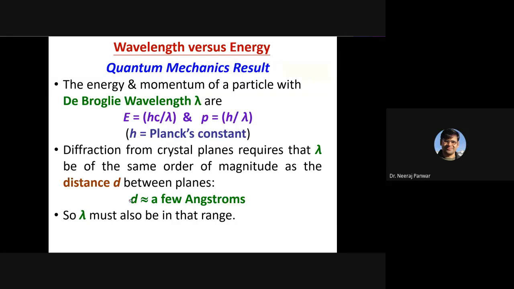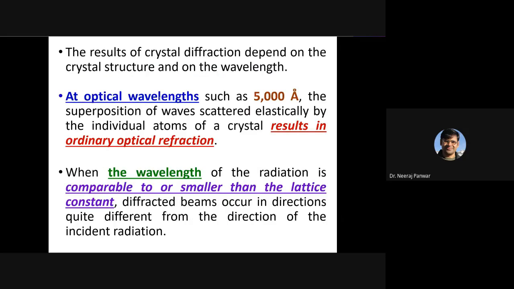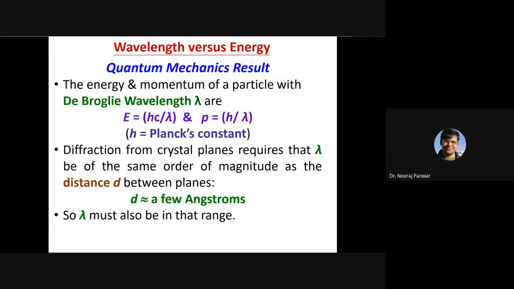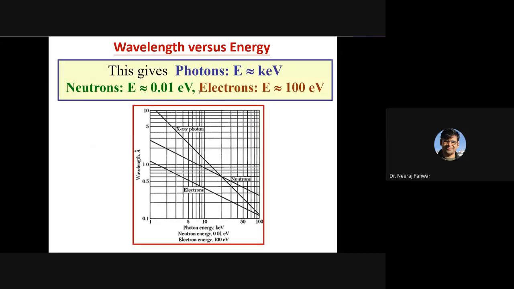Now you can see, when we say that the wavelength of the incident radiation must be of the order of the interplanar spacing, that's why we cannot use visible radiation to study the diffraction pattern from solids. So we can study the diffraction pattern using photons, but they should be X-ray photons, not visible photons, whose energy is of the order of kilo electron volts.